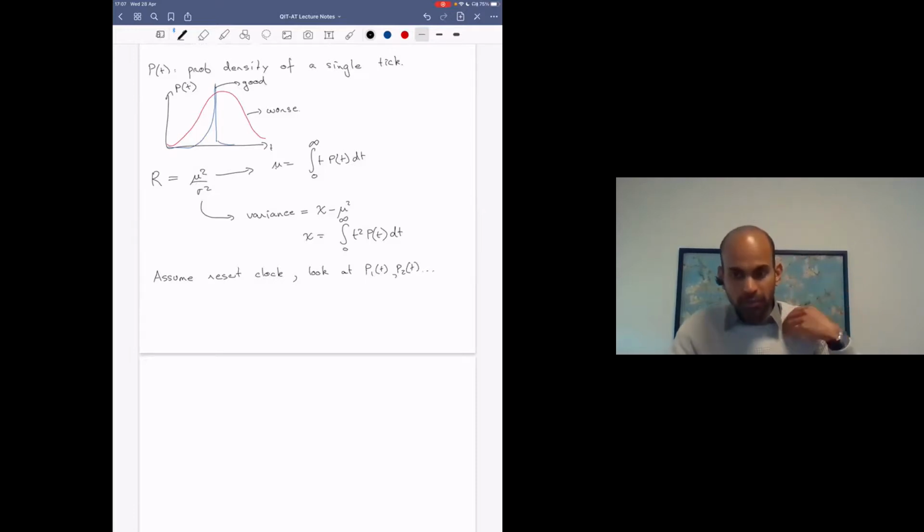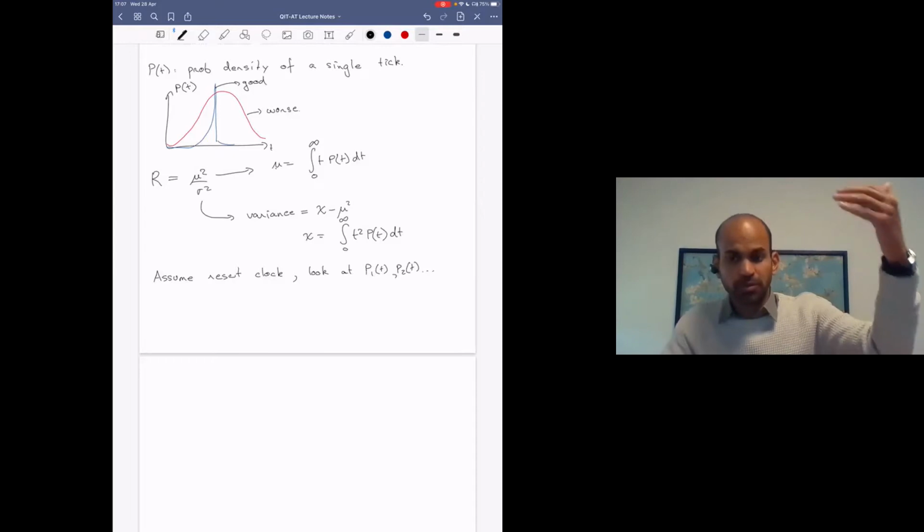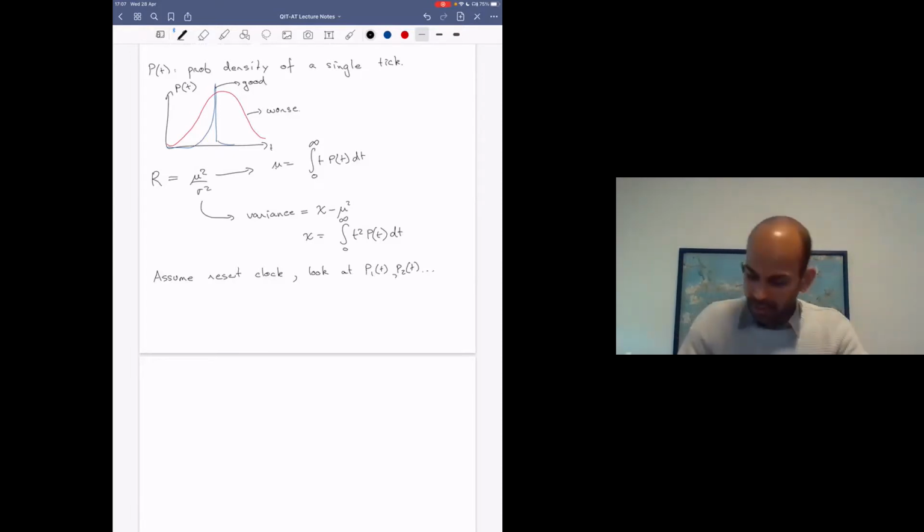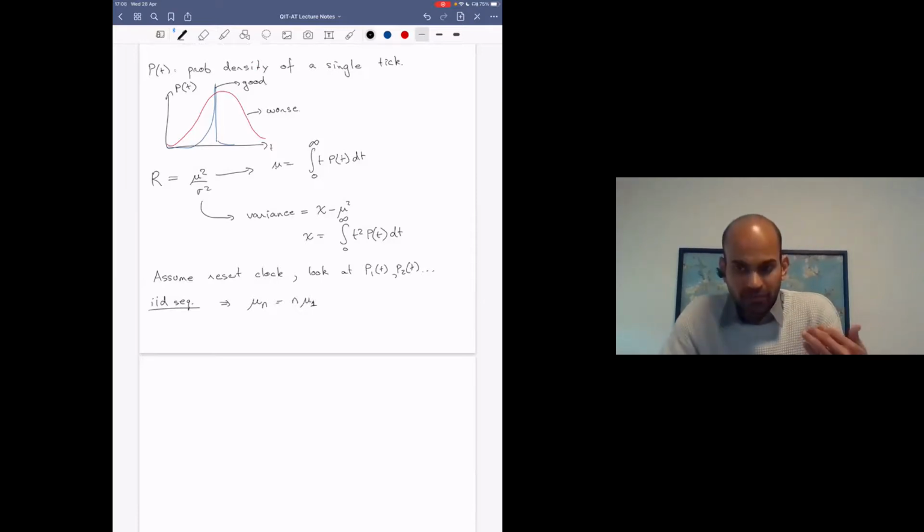So the probability per unit time of seeing the first tick, the probability per unit time of seeing the second tick, the probability per unit time of seeing the third tick, and so on and so forth. Because it's an IID sequence, it follows that the average time that I see the nth tick is just going to be n times the average that I see a single tick. So this is quite clear. If I just have a reset clock and it takes on average 1 second to do a single tick, then the amount of time it's going to take on average to do 10 ticks is 10 times 1.